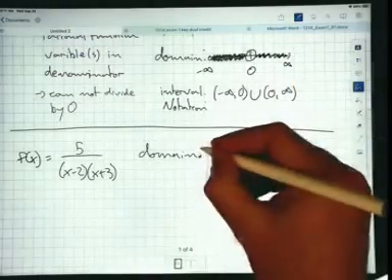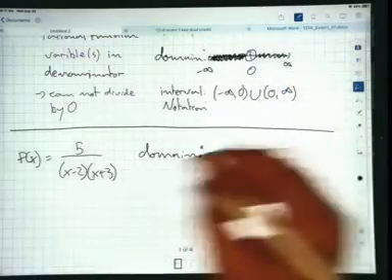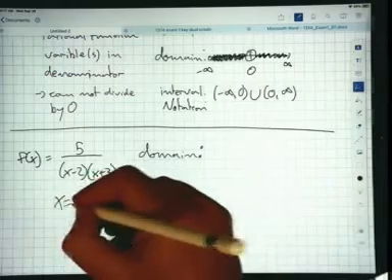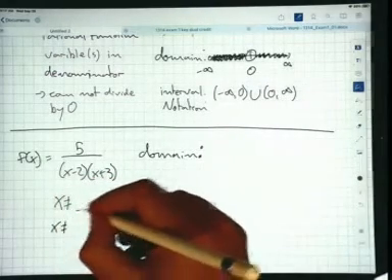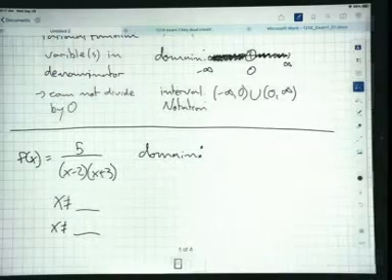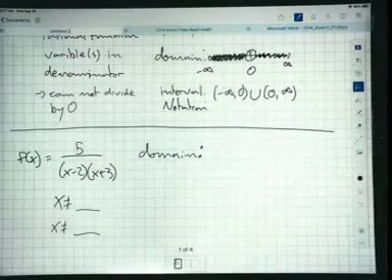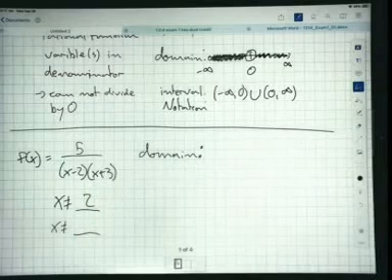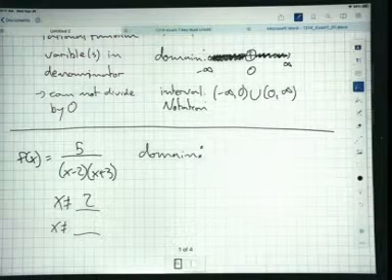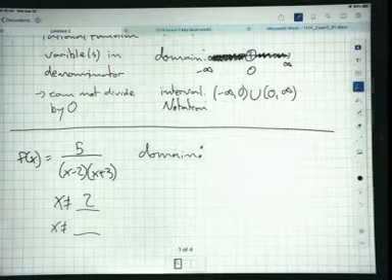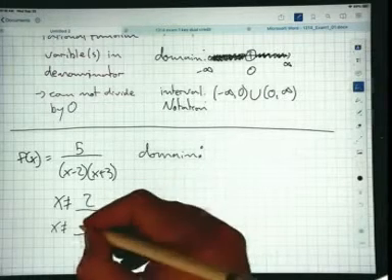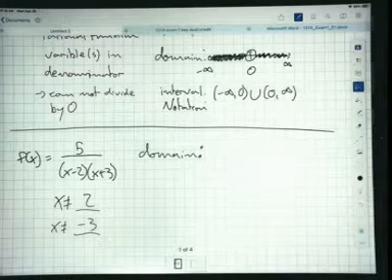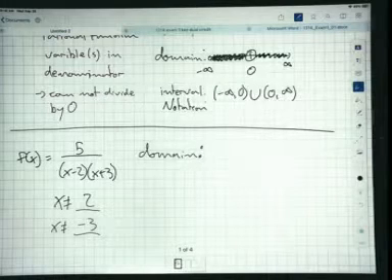So, before I can answer the question about what the domain is, the first thing I've got to do is ask myself, what can x not equal? There's two things that x cannot equal. What are they? 2 and what? Negative 3. Yeah, negative 3.